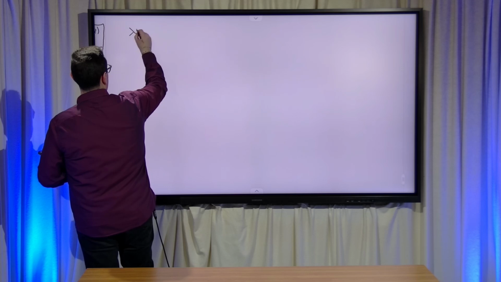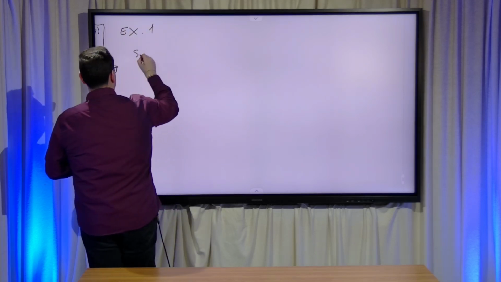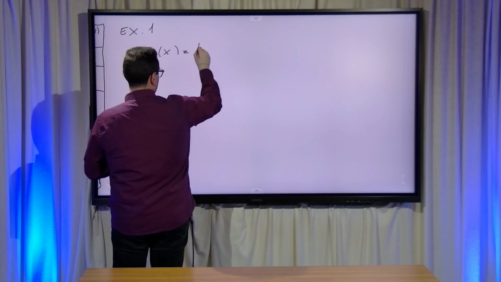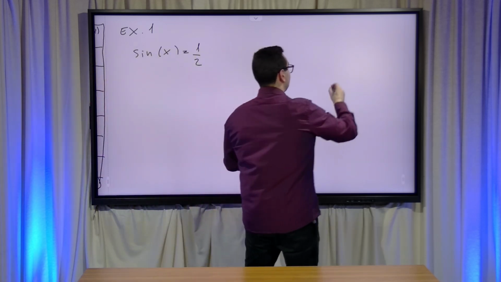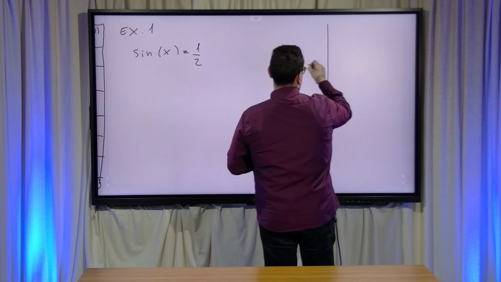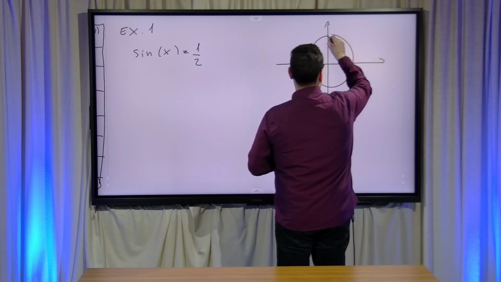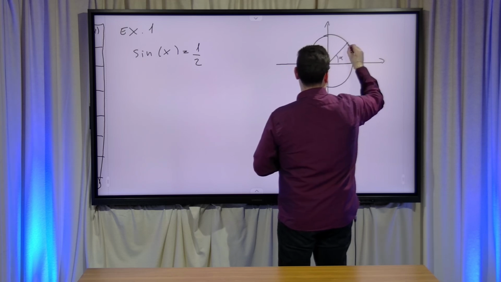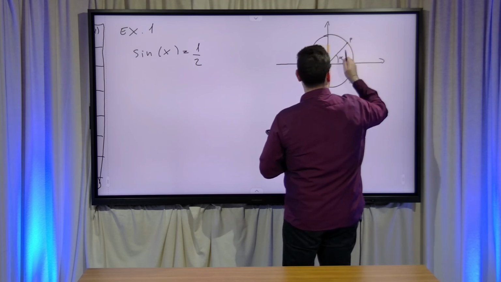Exercise 1. We have to solve this equation. Sine of x equals 1/2. Let's recall here the unit circle. And I will recall to you that the sine of alpha is this segment.